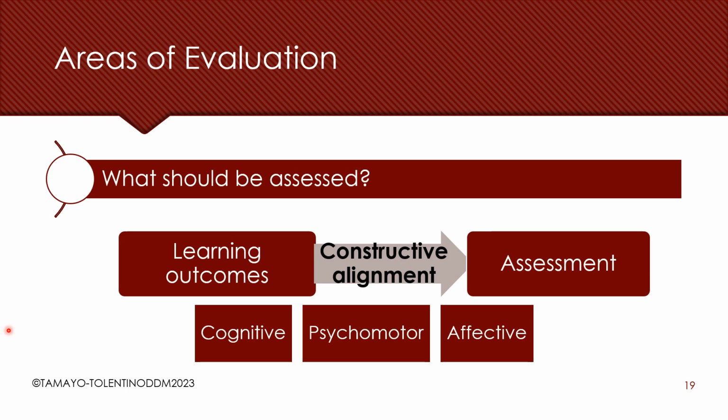And when it comes to learning outcomes, areas of evaluation can refer to the three domains of learning, which are cognitive, psychomotor, and affective domains. Consideration of these domains of learning can help in constructive alignment because different areas of evaluation require different but appropriate assessment methods.